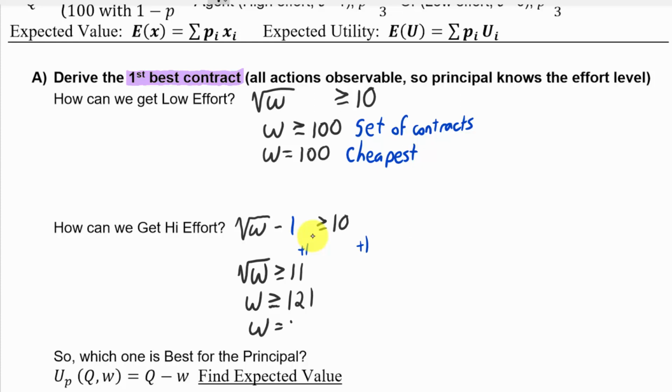Pay them 121 if we observe high effort, and we could offer them 0 if we observe low effort. That would be a more complete description of the contract that would ensure that we actually get high effort out of this person. And there's no uncertainty involved because we're going to observe the person give us high effort. We're going to pay them $121.